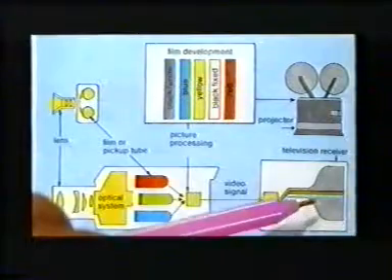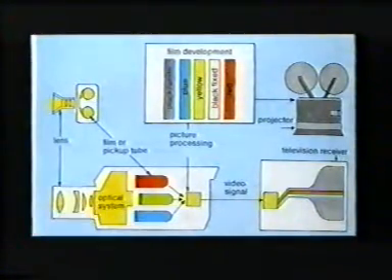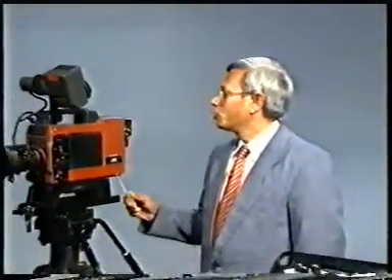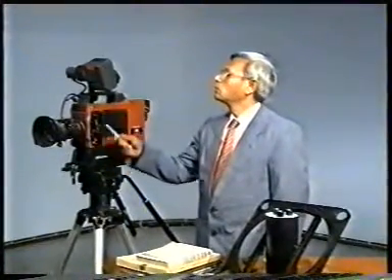Now we will demonstrate the position of these red, green and blue tubes inside the TV camera. To demonstrate the position of tubes inside this camera, first remove these four screws.